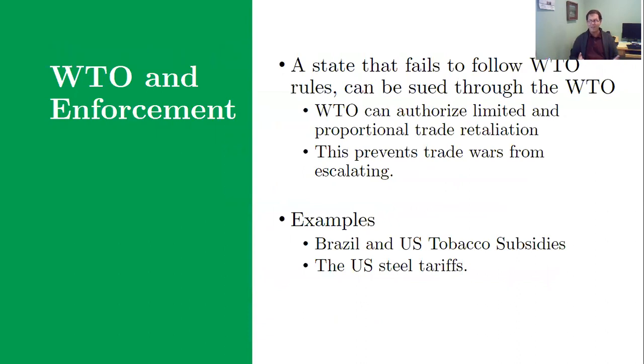Typically what will happen is that a country that feels that it's being the victim of unfair trade practices will go to the World Trade Organization and request a hearing, and World Trade Organization judges or adjudicators will listen, and they will say, yes, indeed, you were discriminated against by unfair trade practices. We estimate how much the economic damage that you're encountering is from that, and we are authorizing you to impose an equal level of economic damage through tariffs on the state that's engaged in unfair trade practices.